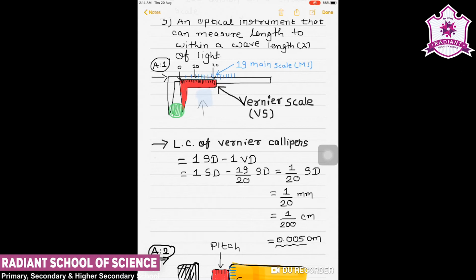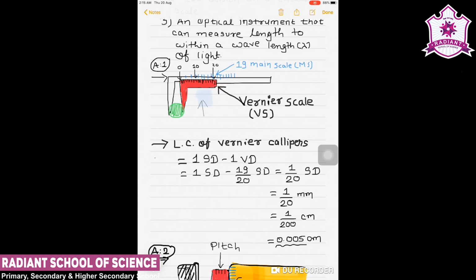Here it is coinciding with the 19th division of the main scale, so 19 upon the total divisions on the vernier scale, that is 20 divisions, which I have shown with 0, 10 and 20 above the red line. We have indicated that the vernier scale has a total of 20 divisions, and its 20th division is coinciding with the 19th division of the main scale.